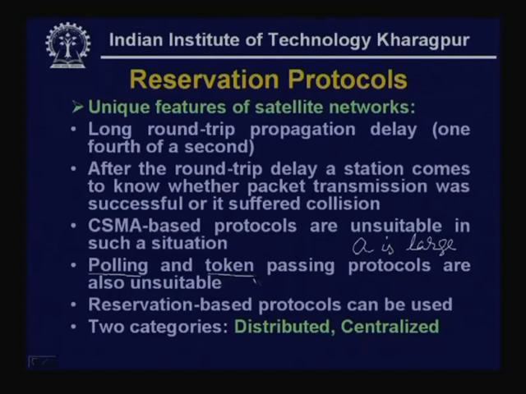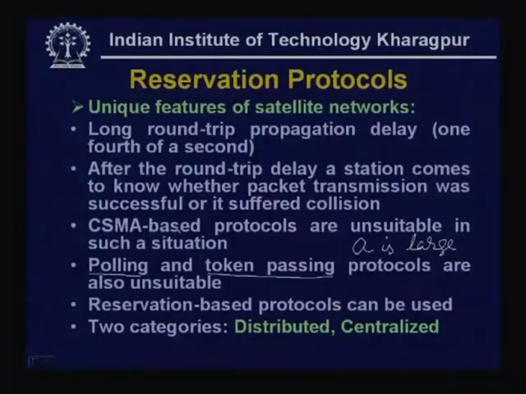Similarly, token passing also will not be suitable for satellite networks, because to send the token, a station will take at least 1/4 of a second to send it to the next station. As a consequence, neither CSMA based, contention based protocols, nor the round robin type protocols can be used in satellite networks.